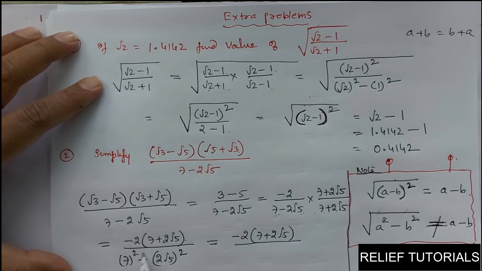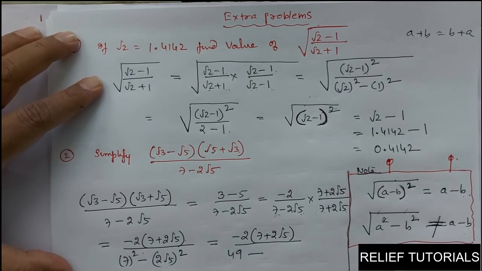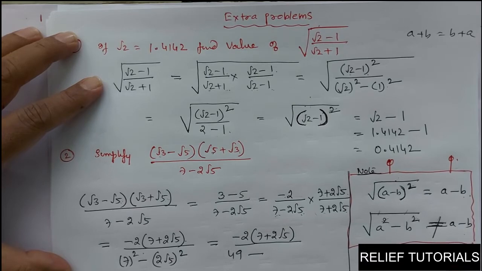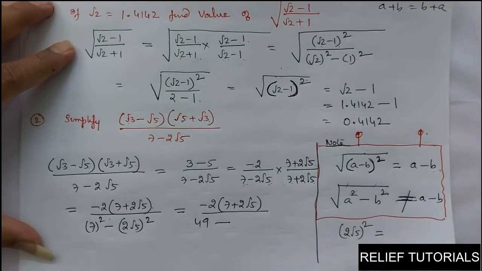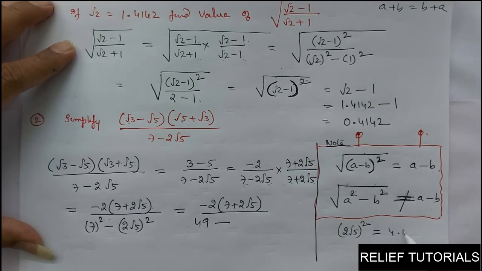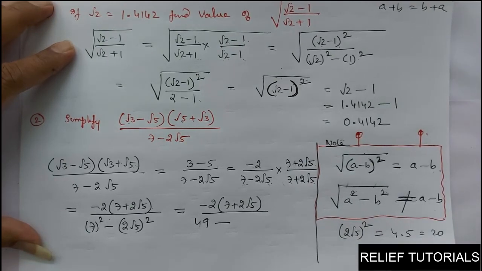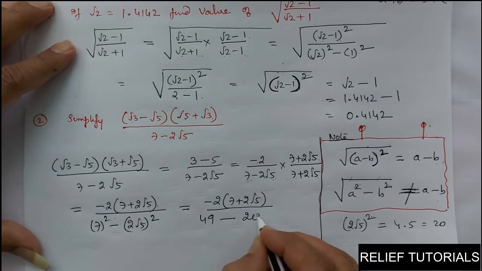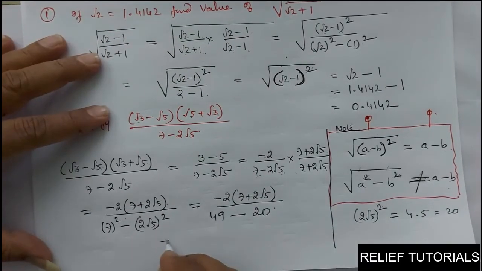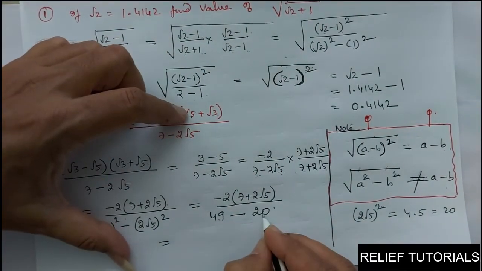Upon 7 square, 49, minus 2 root 5 the whole square. So what do you mean by 2 root 5 the whole square? 2 square is 4, root 5 square is 5, 4 into 5, that is equal to 20. So now that will be 49 minus 20, 29.